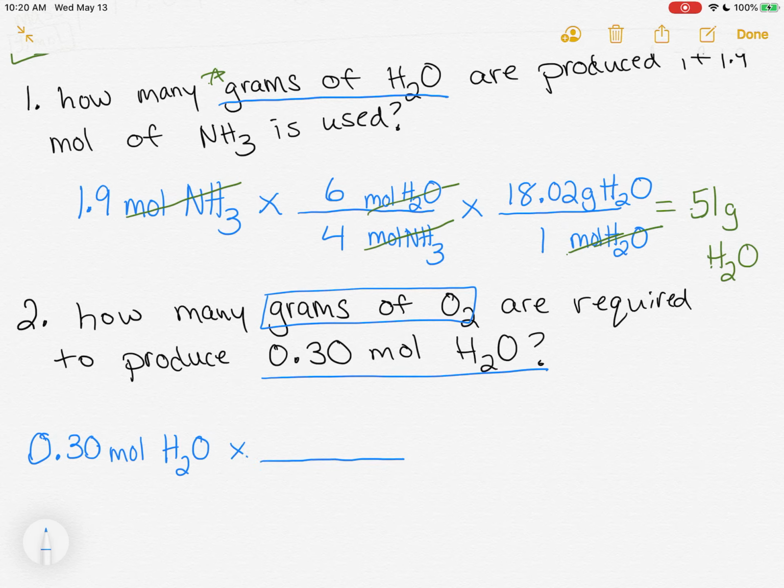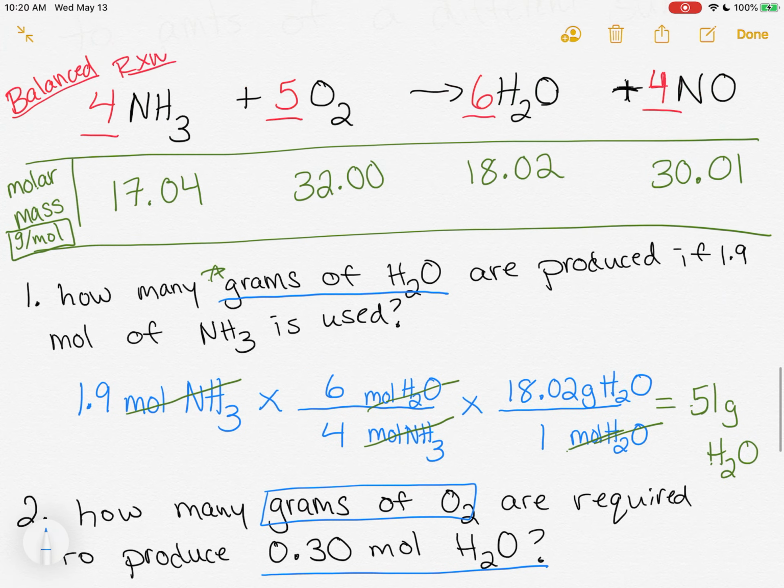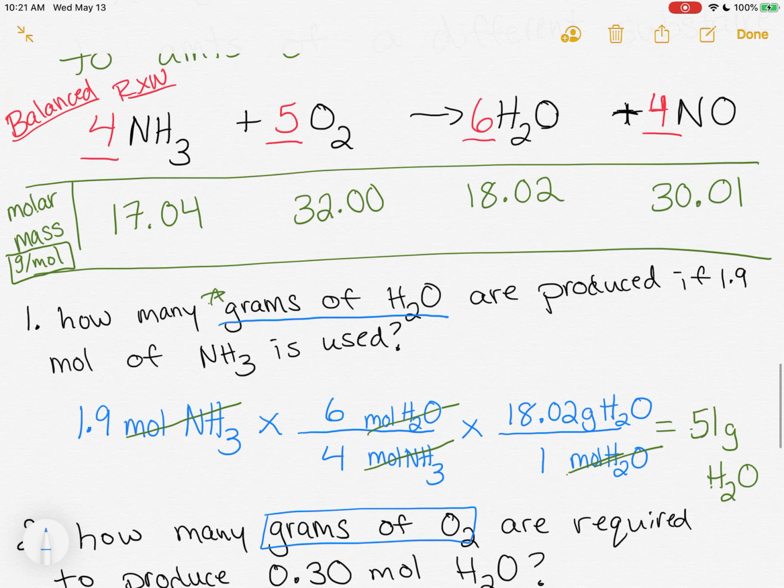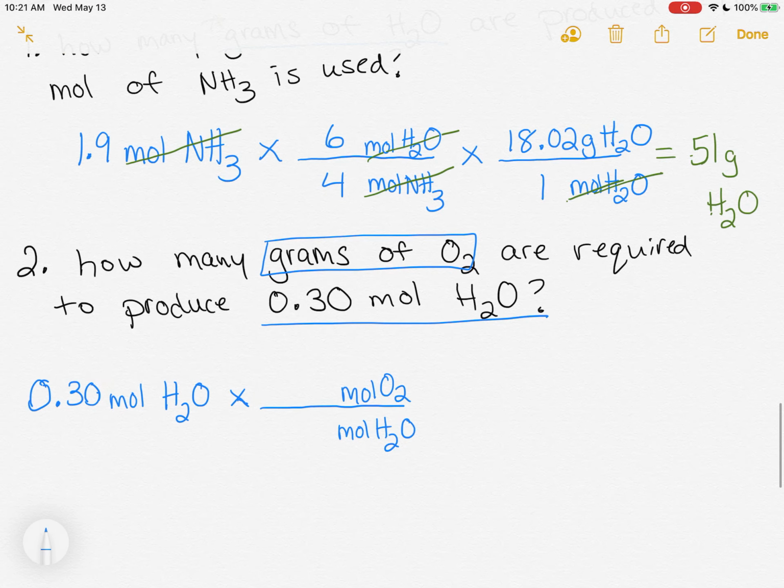of H2O. And the first conversion factor we're going to use is going to be our mole ratio, because we want to go from moles of H2O to moles of oxygen. So we're going to put moles of H2O on the bottom because that's what we have. Moles of oxygen on the top because that's what we want. And our ratio of oxygen to H2O, oxygen is 5, H2O is 6.